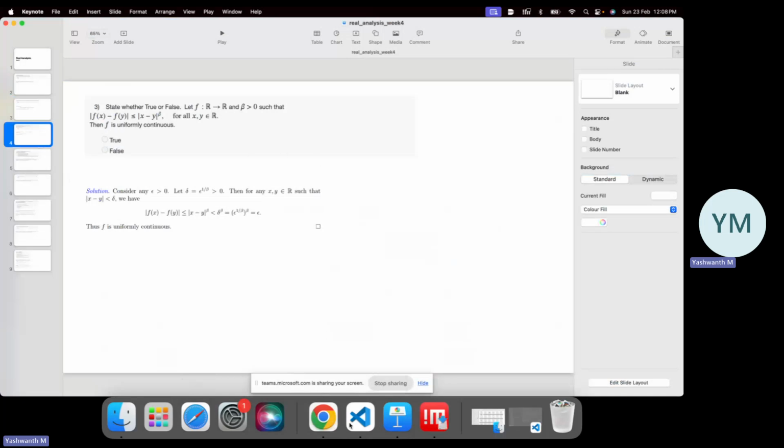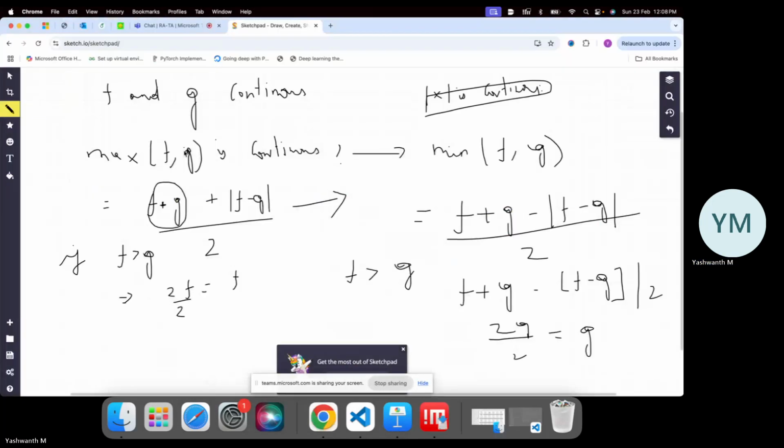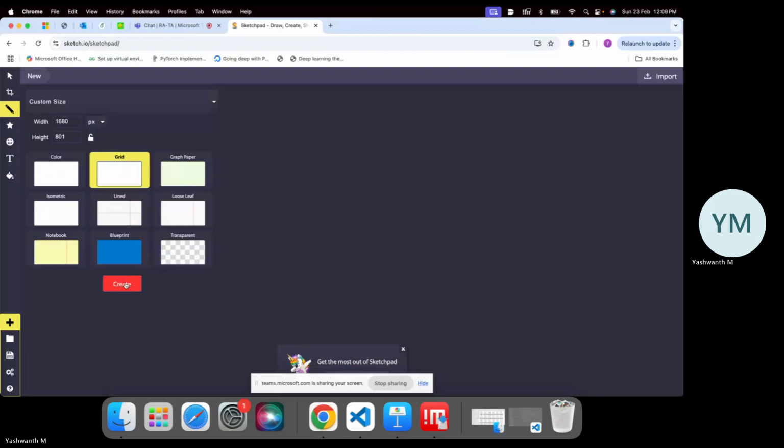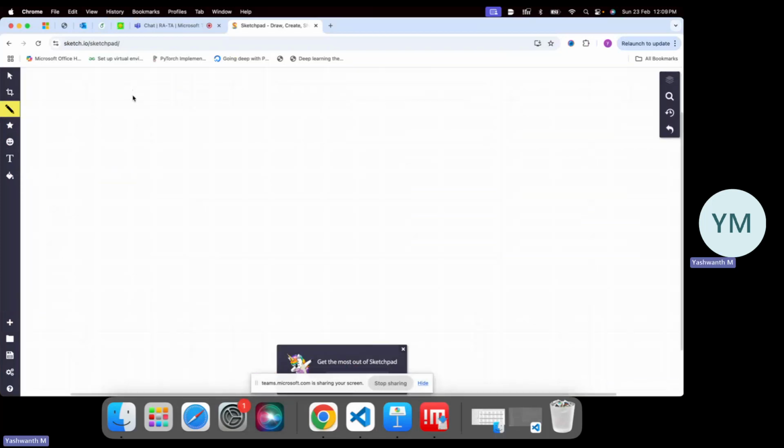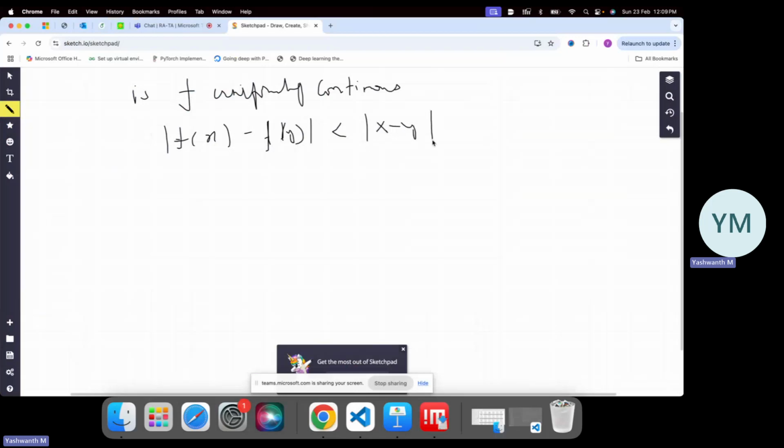Can easily see this. Question: is f uniformly continuous?